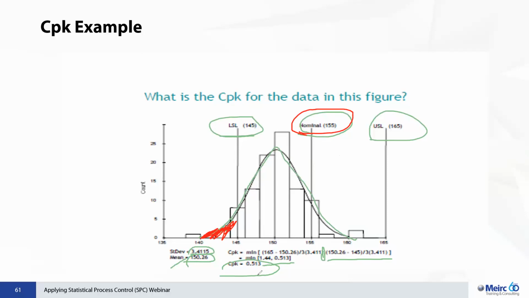So you've got issues with stability, with centering, and issues with variation. So your CPK is low, and that is not good enough. That means your process has a high probability of giving defects to the customer. We need to improve this process.